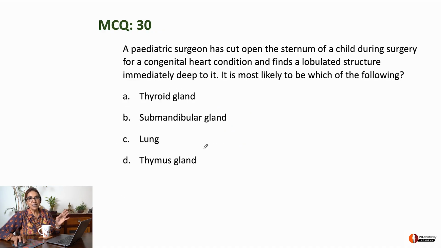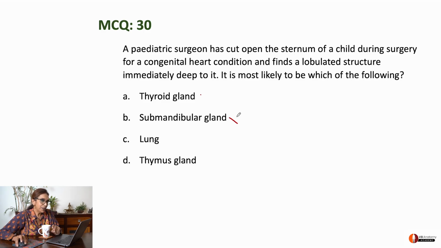Let's come to the last MCQ for today. A pediatric surgeon has cut open the sternum of a child during surgery for congenital heart condition. So the child is quite small and finds a lobulated structure lying immediately deep to it. What can this be? Can it be thyroid gland? Possible. Can it be submandibular gland?